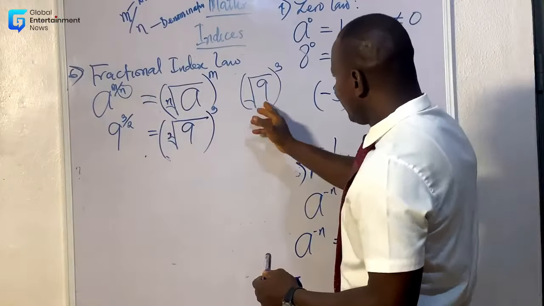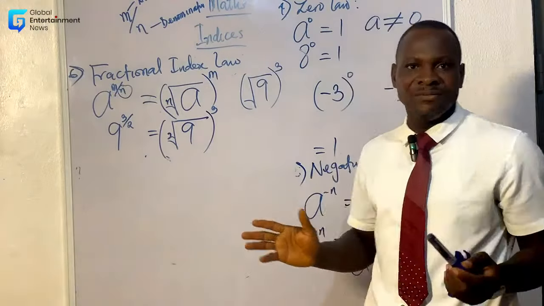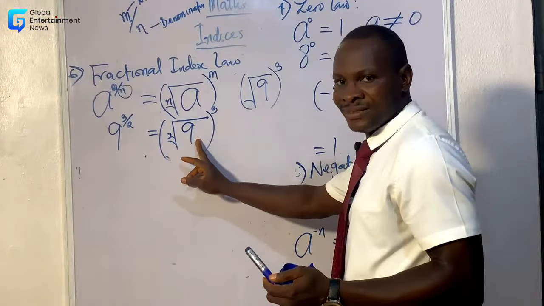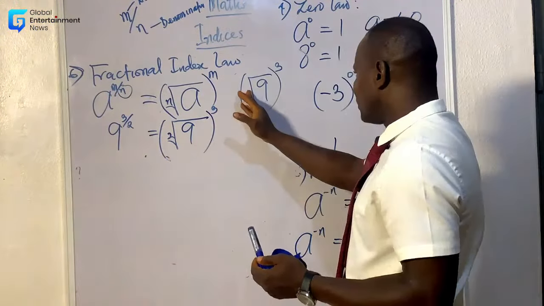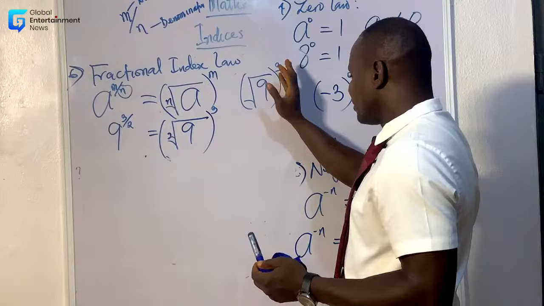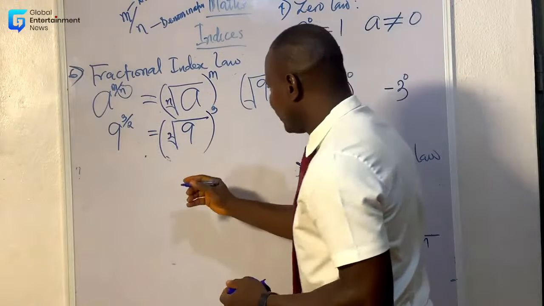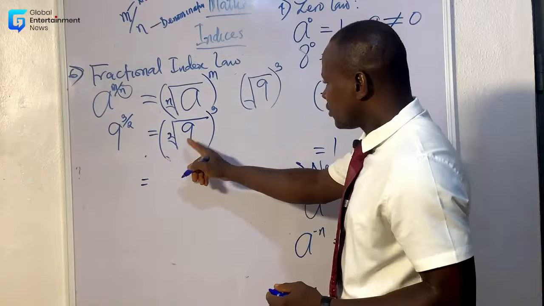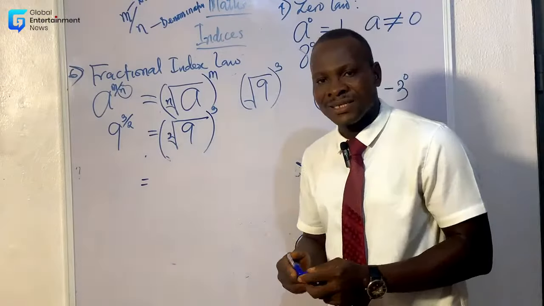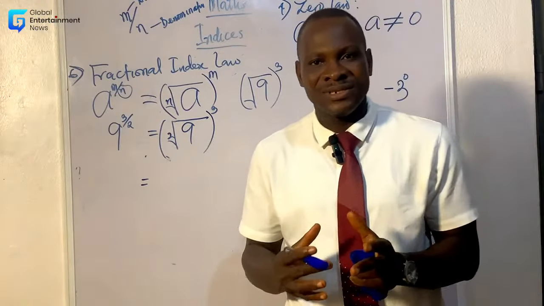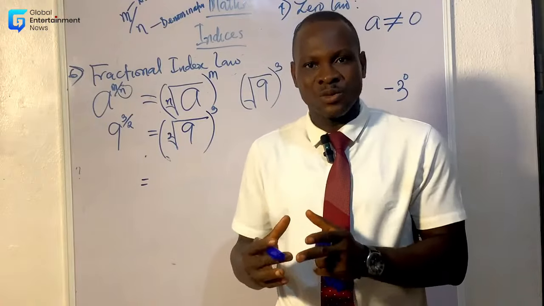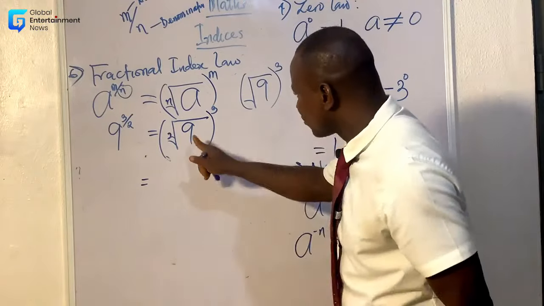Now, this and this is the same thing. I mean, the second root of 9, all raised to power 3, and the square root of 9 raised to power 3. Now, let's find this. Let's complete this. The square root of 9 means what number, multiplied twice, is going to give us 9?